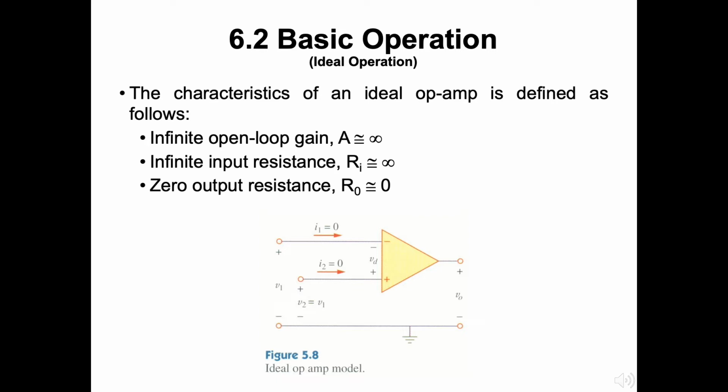The characteristic of this type will be having infinite open loop gain, infinite input resistance, and zero output resistance. It is different from the previous one which has been discussed before. The ideal op-amp model is shown in this figure.